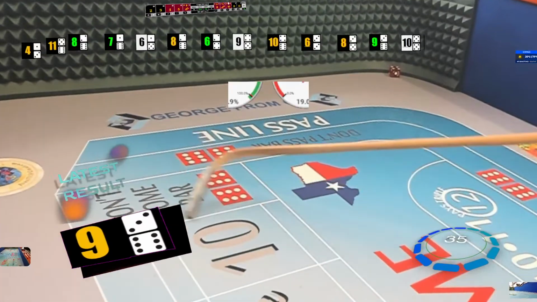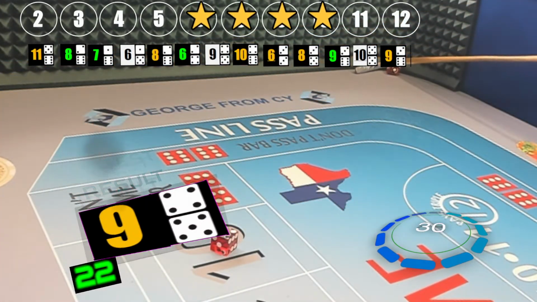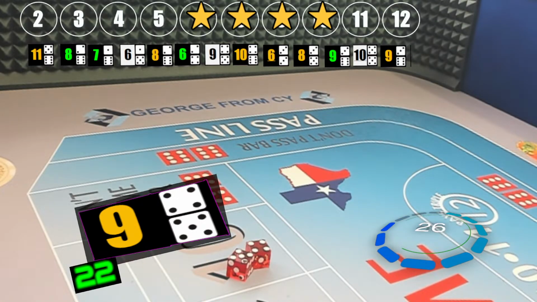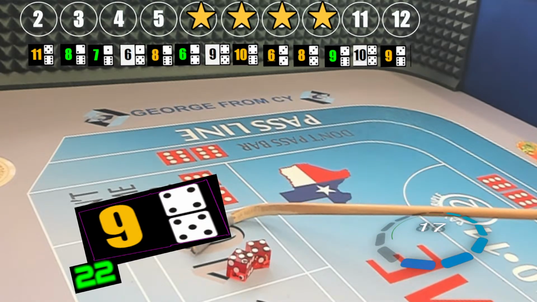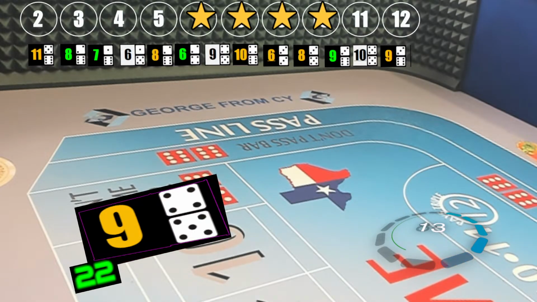Second. Hit 15. We go to aces now. Ace 5, ace 3.